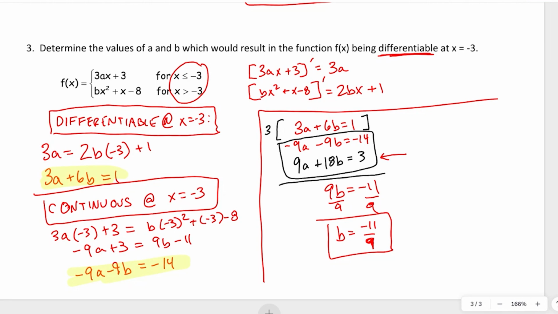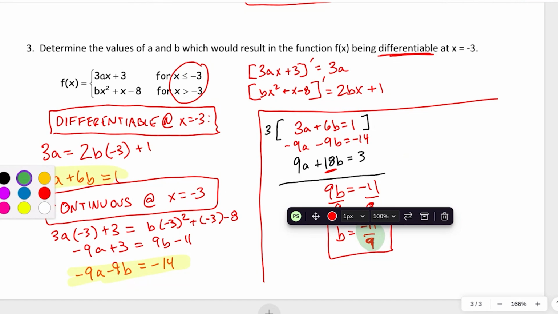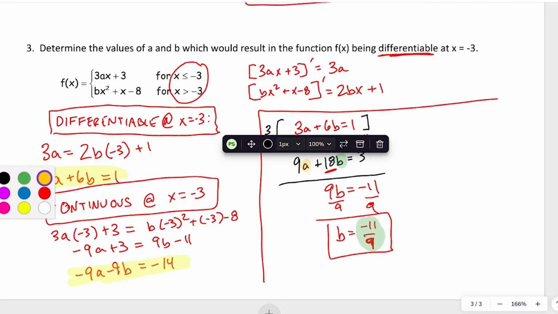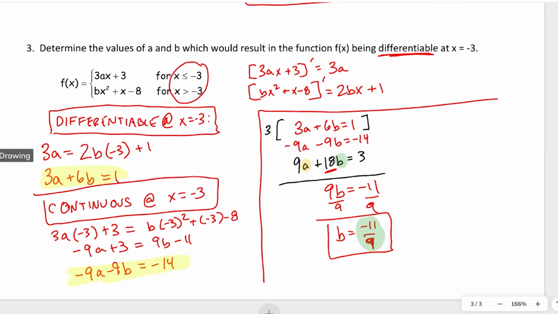I think doing the 18 times a fraction over 9 is just going to work out a little nicer than some of the other ones. So I'm going to substitute this value, negative 11 over 9, into b right here, and then solve for a.